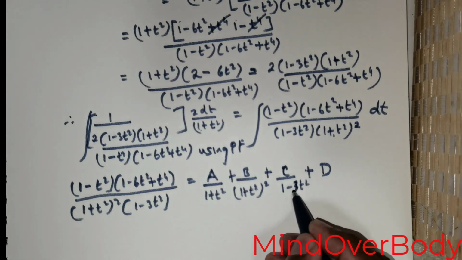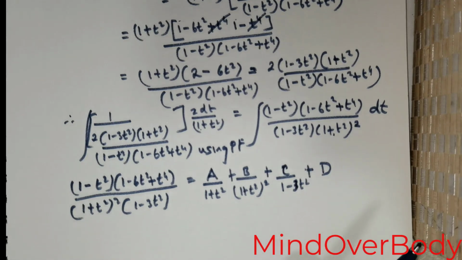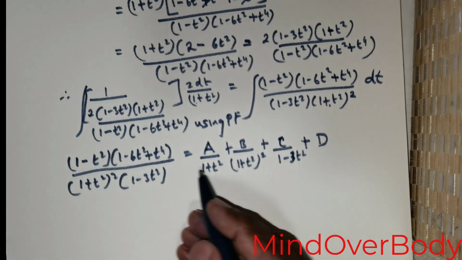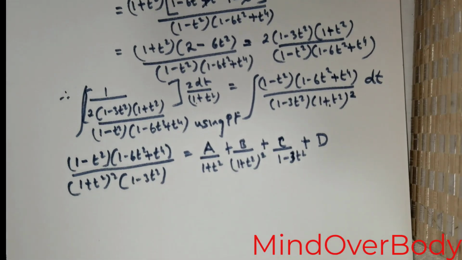So I hope you all know this way of fractionalizing the quantity for the facility of integration. So now what we need to do is we need to cross multiply.